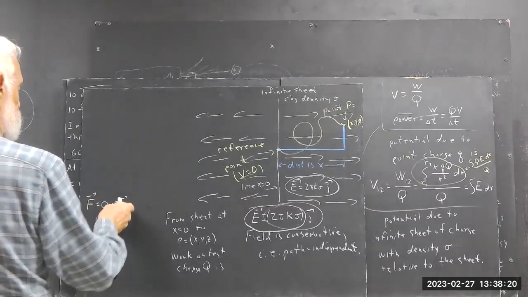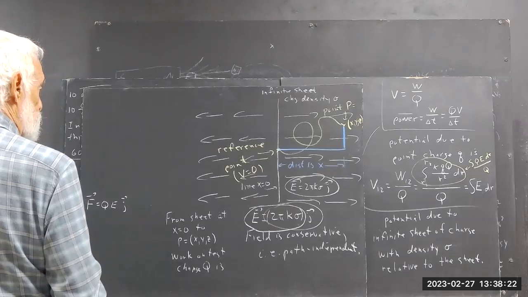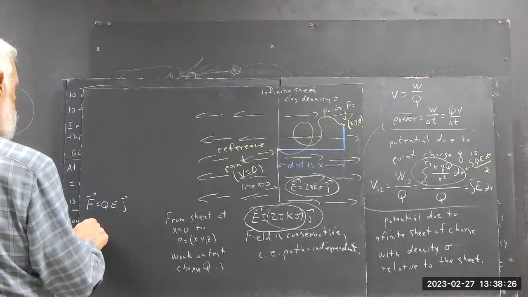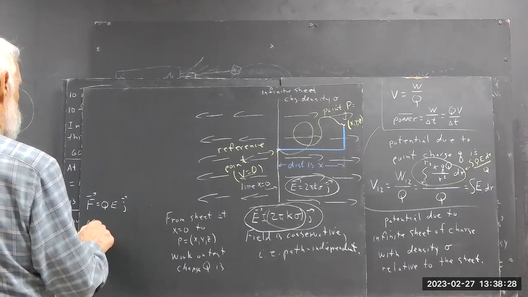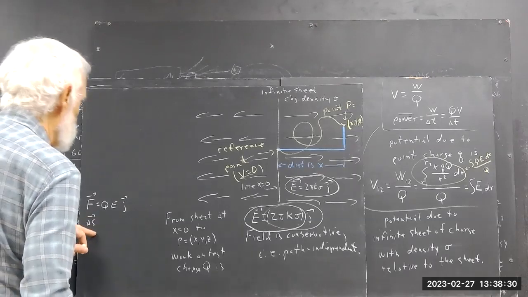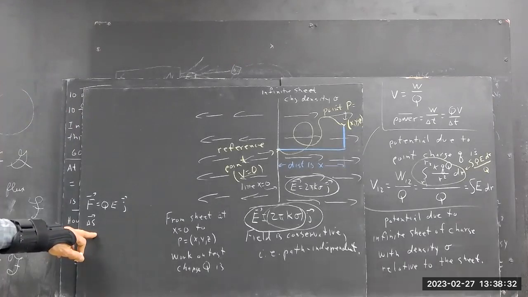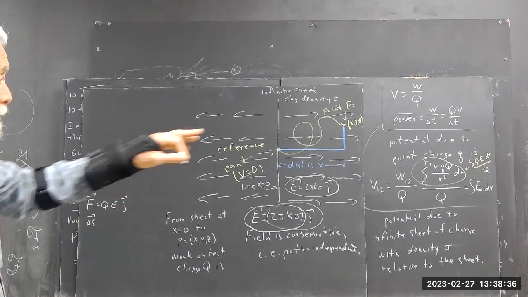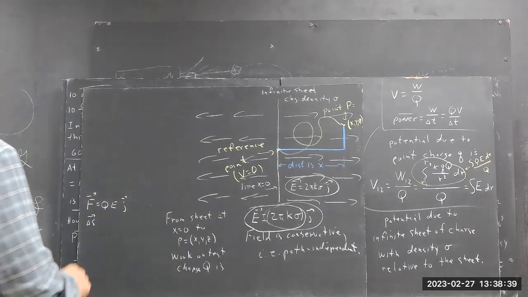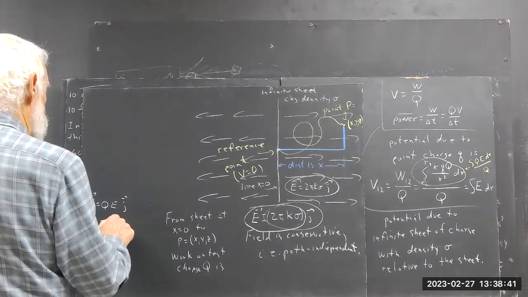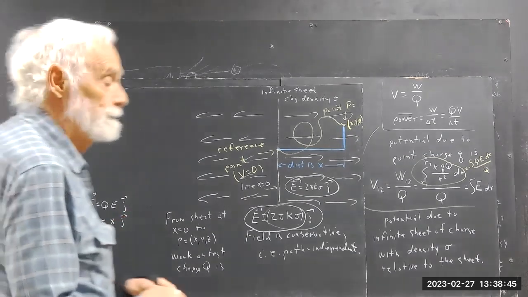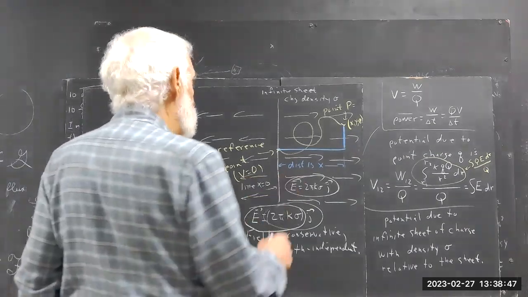After delta x, the displacement is from x equals 0 out to x. Distance is x.